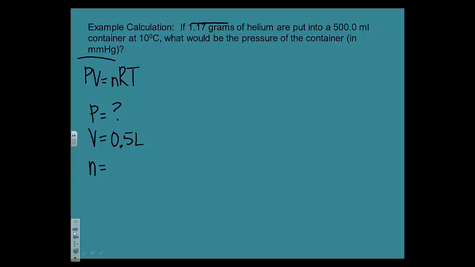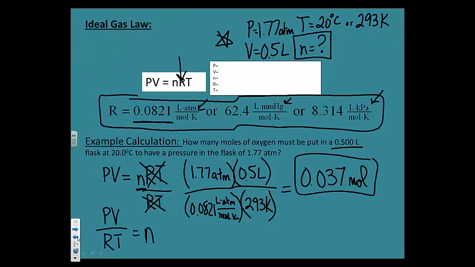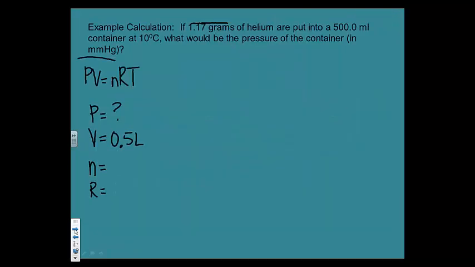The R value, if I'm trying to solve for millimeters of mercury, is this one right here, 62.4. So we're going to plug that into our formula over here. R is 62.4 liter millimeters of mercury over mole Kelvin. And my temperature is 10 degrees Celsius, or 283 Kelvin. Trying to solve for P.